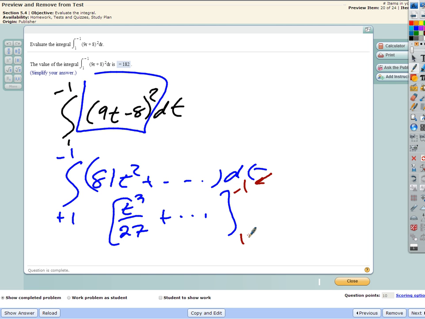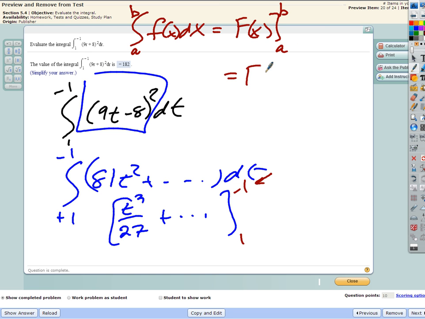And this just boils down to, remember what this is. This is the fundamental theorem of calculus. It says the definite integral from A to B equals the antiderivative, which really just means the antiderivative at B minus the antiderivative at A. That's the trick, in other words.